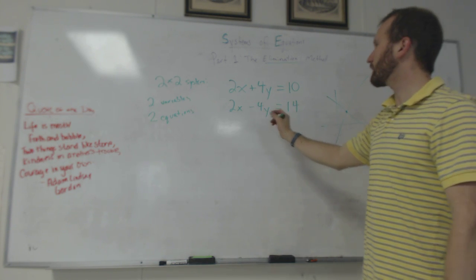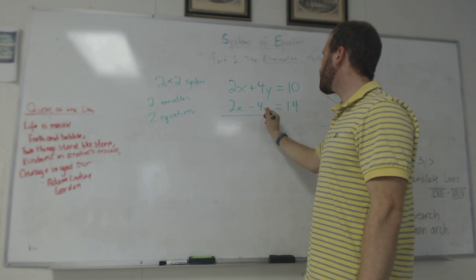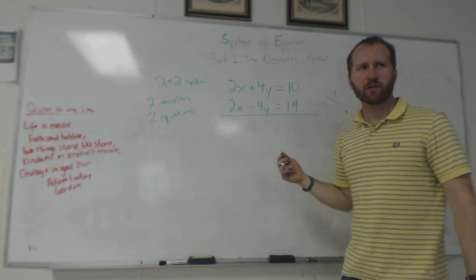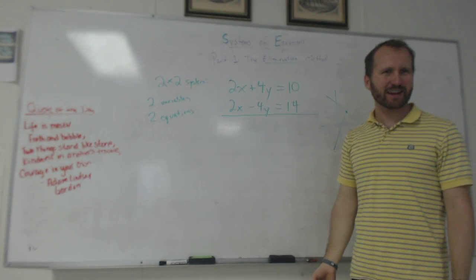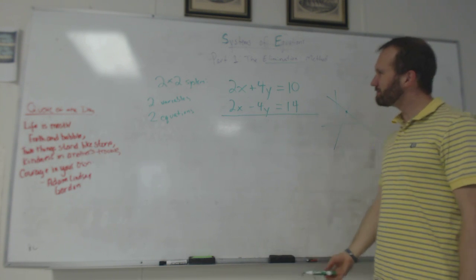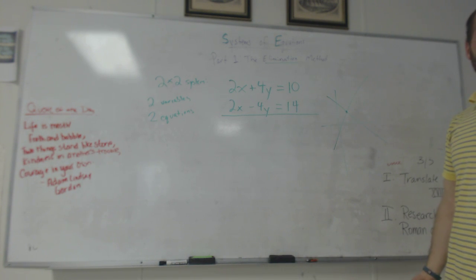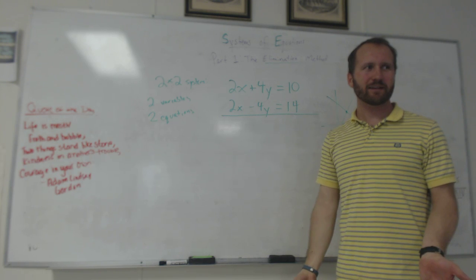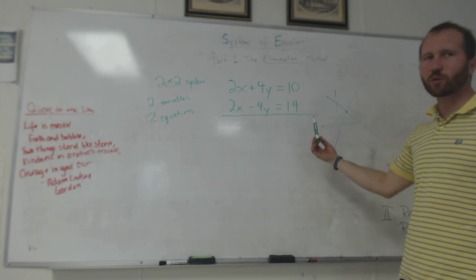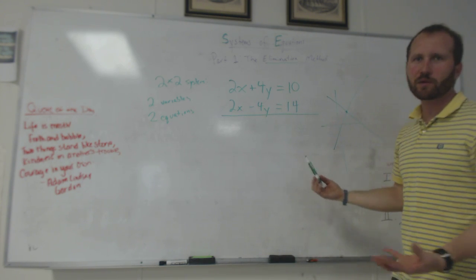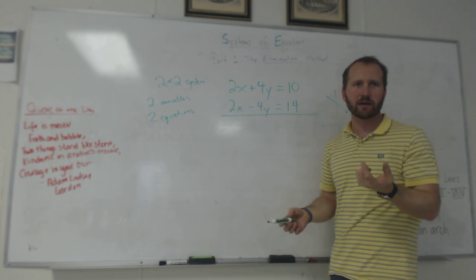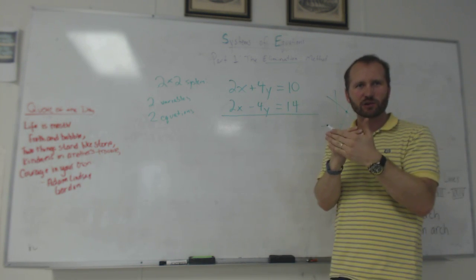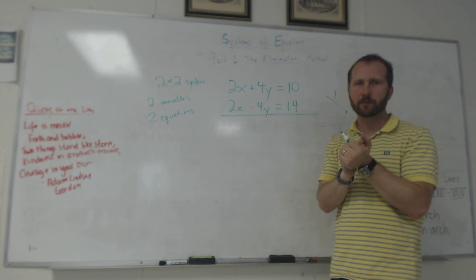All you're practicing actually is adding these two equations together. What? You can add two equations together? That's new, right? We've never added equations together before. We've added things to one side of the equation and to the other. We've never actually added two equations together.